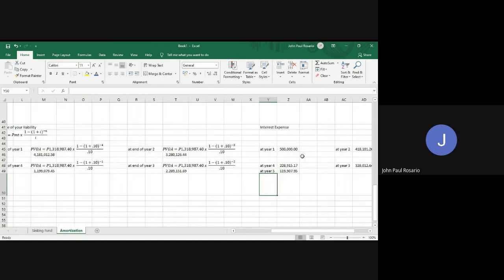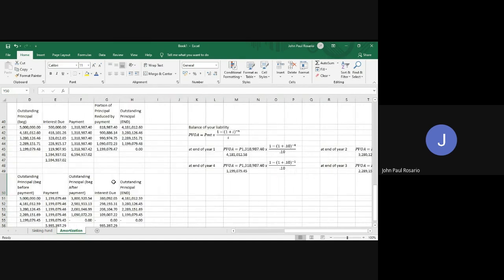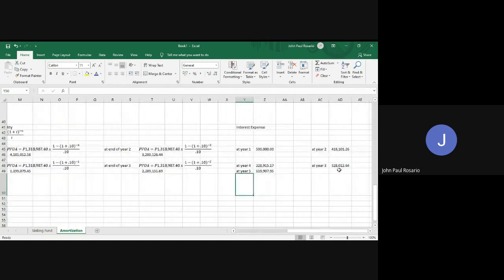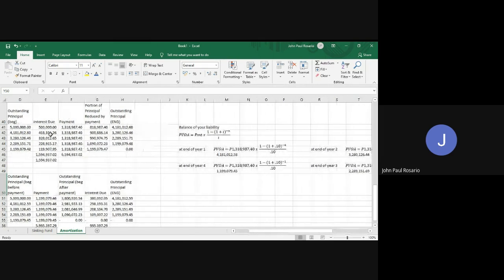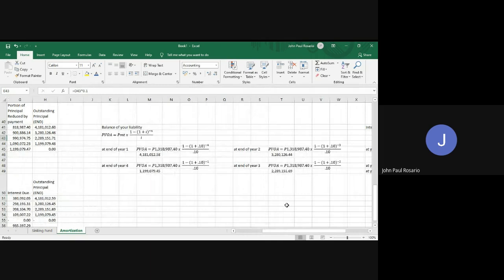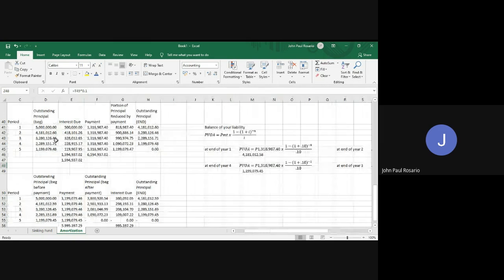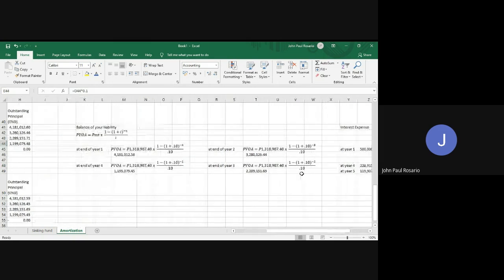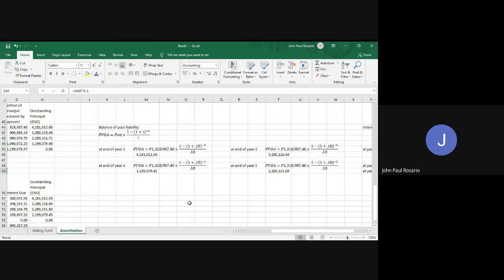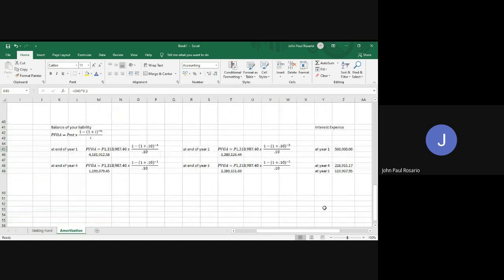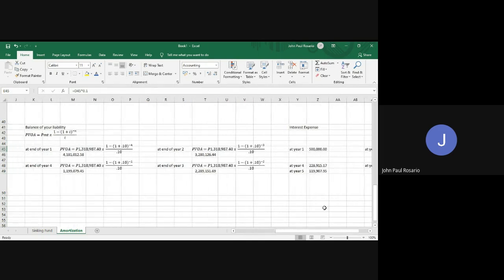And then we have 418,101. And then year 3, 328,012. And for year 4, that's 228,915. And lastly, for year 5, that's 119,907. Okay, so with that, we're done with the interest expense question.